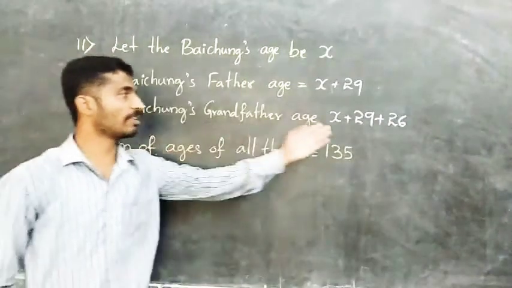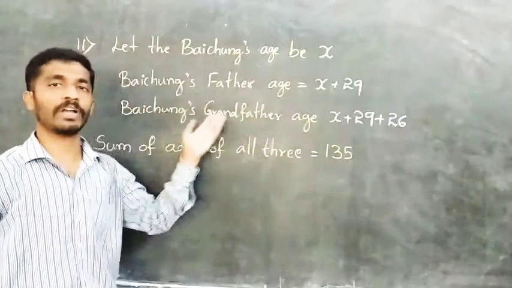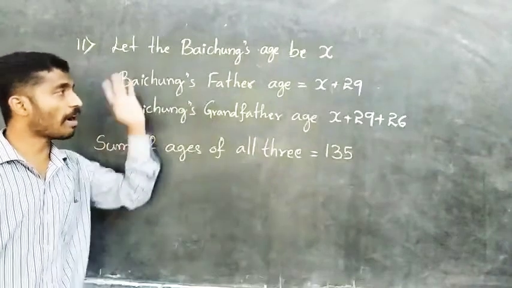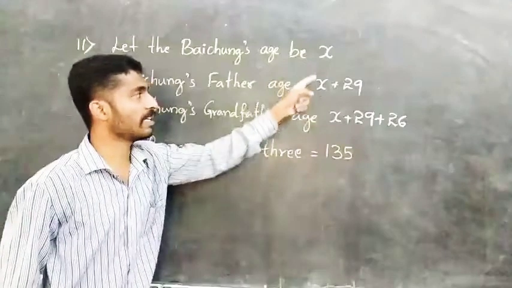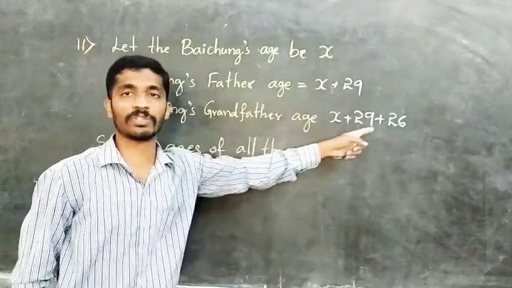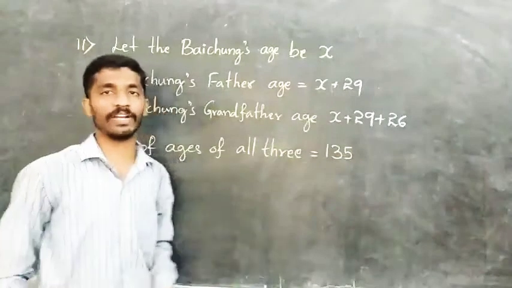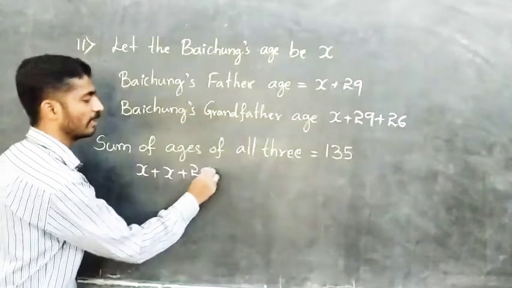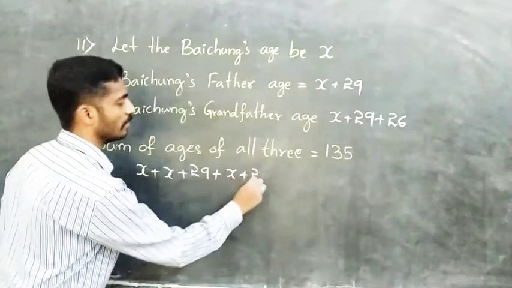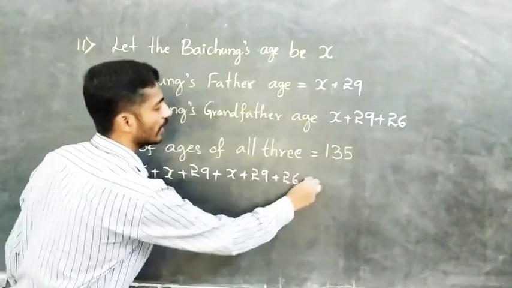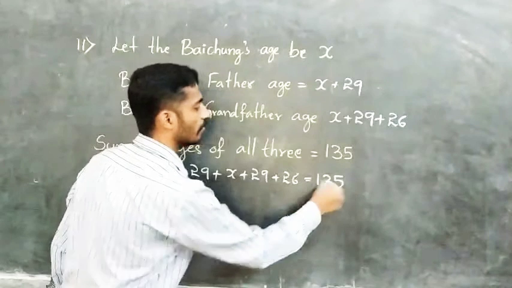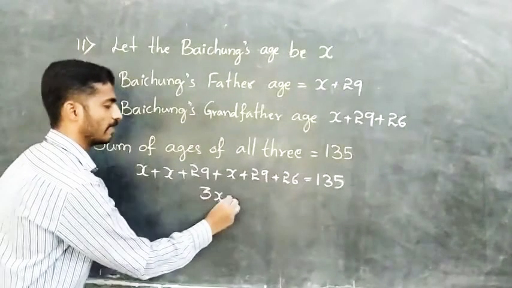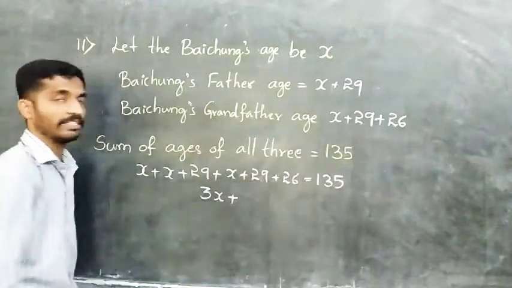If you add 29 and 26 along with Baichung's age, you will get the grandfather's age. The sum of all three ages, x plus x plus 29 plus x plus 29 plus 26, we will get 135. See here, x plus x plus x will be 3x, plus 29 plus 29 will be how much?